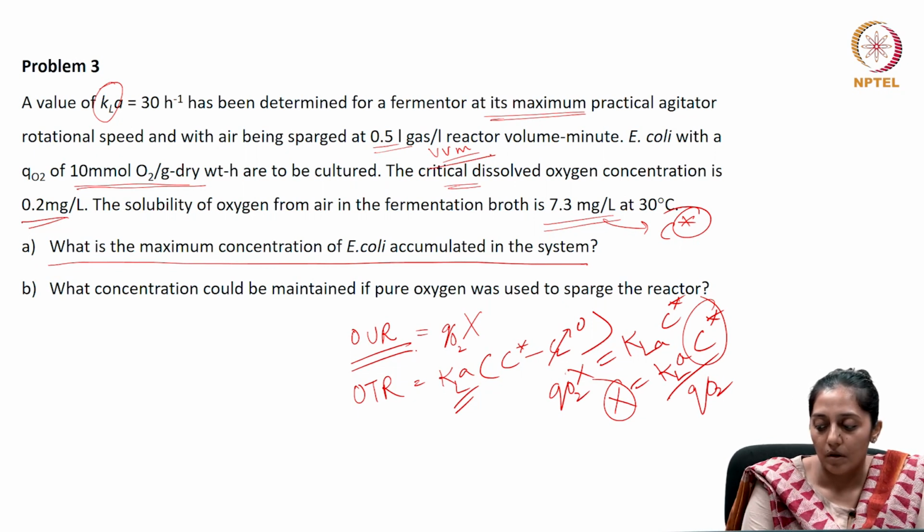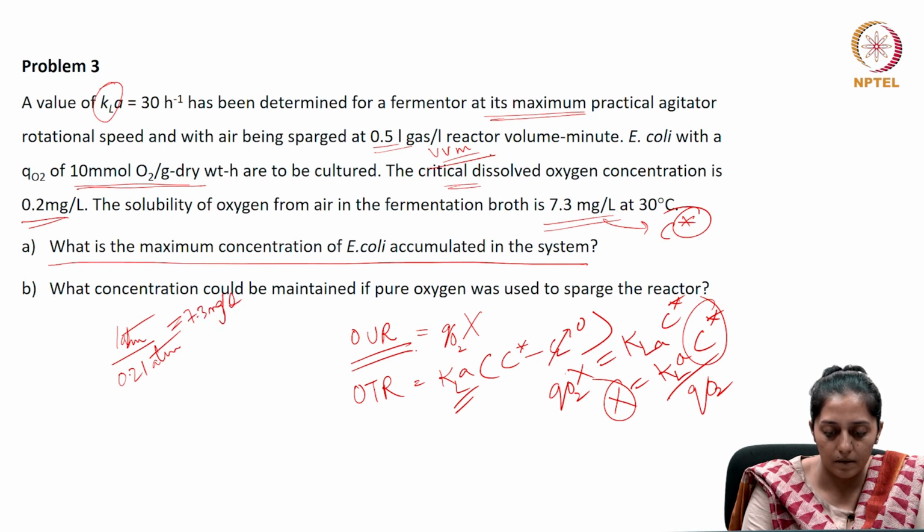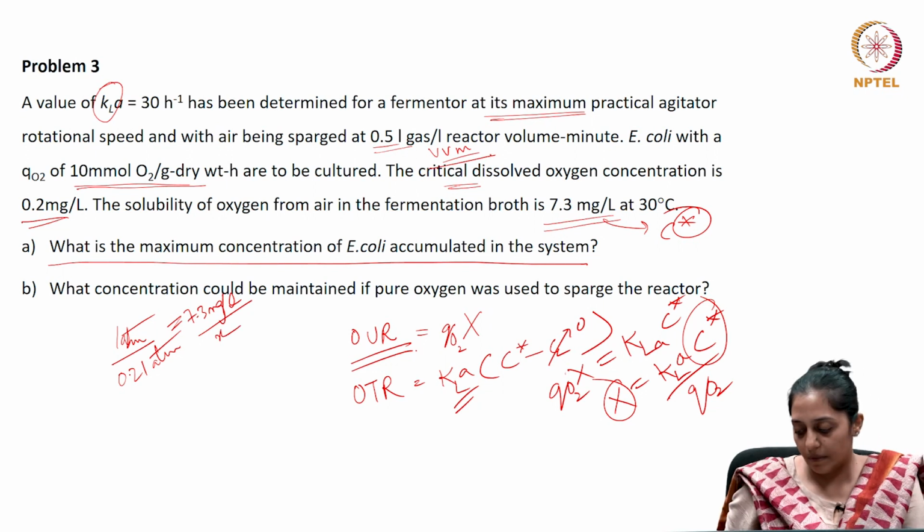Now, by Henry's law we will use that equality. So, for 1 atm where the mole fraction is now completely oxygen, otherwise it is 0.21, this is equal to 7.3 mg per liter. What will be the X value?